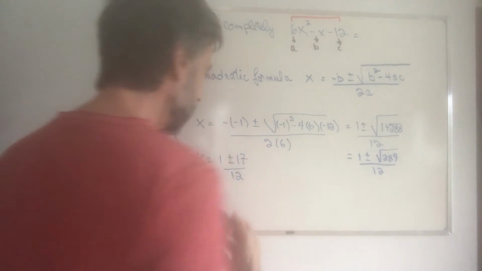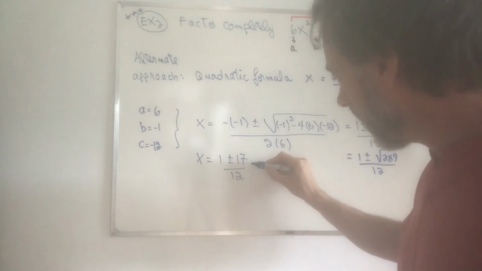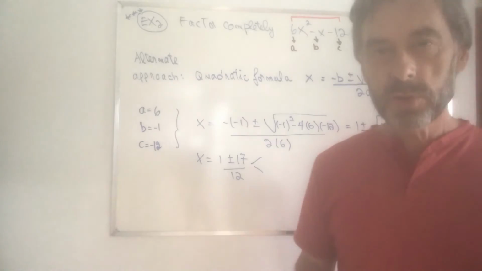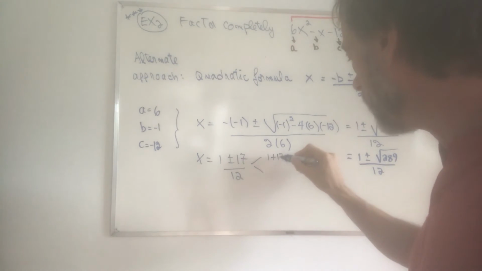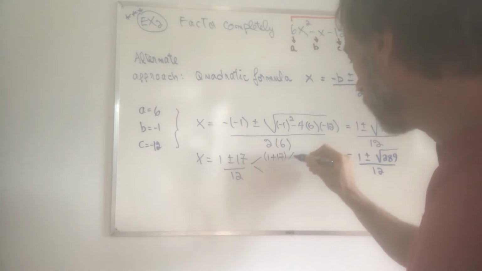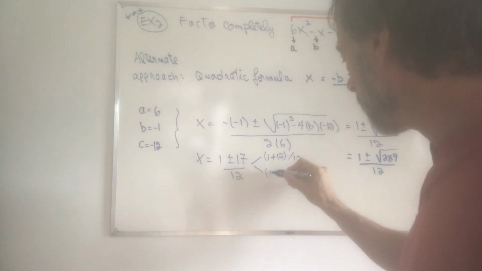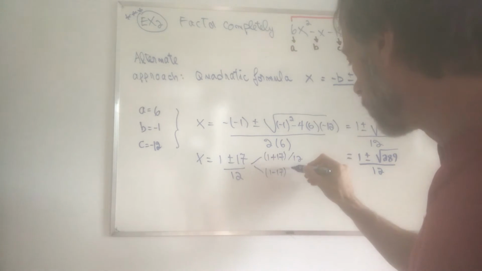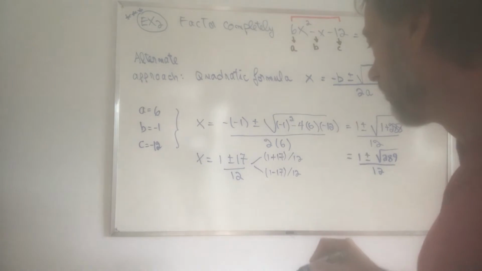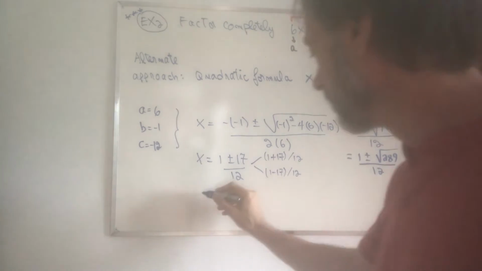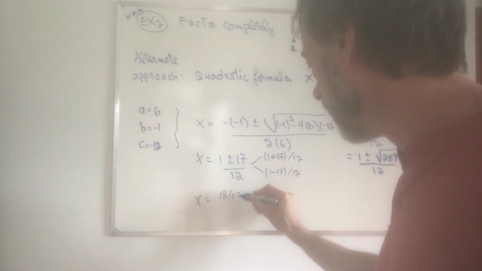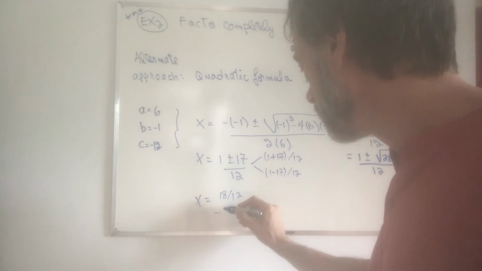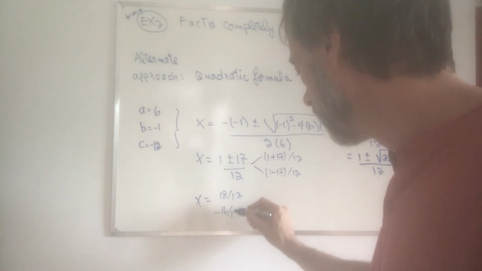You remember what we do with this? We actually break this up into two answers. One with a plus, one with a minus. So 1 plus 17 over 12, and 1 minus 17 over 12. So my two answers for x are actually 18 over 12 and minus 16 over 12.